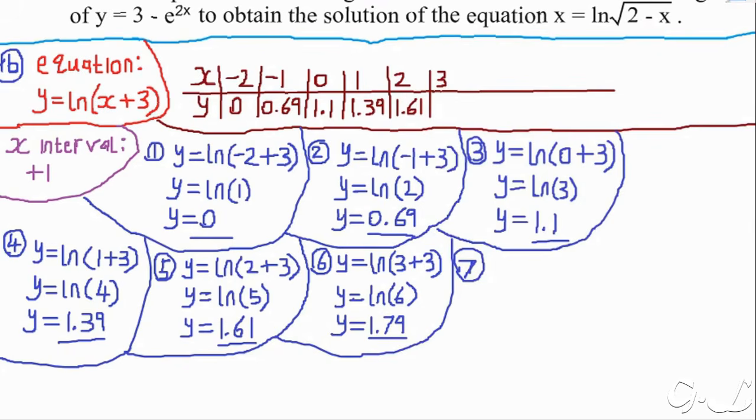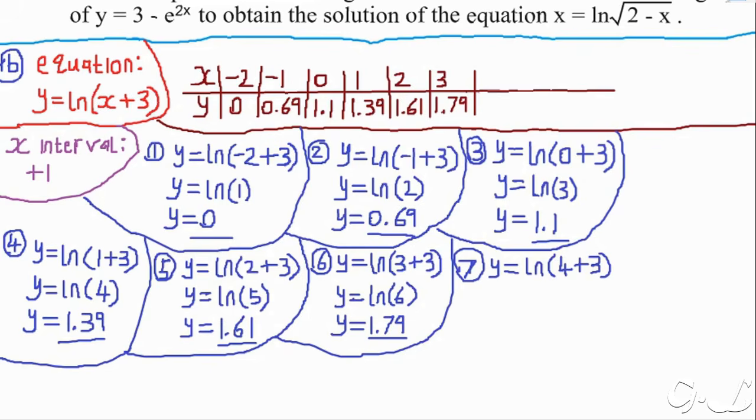Again, let's go to the seventh one. 3 plus 1 is 4, so that is the one we are going to replace. We have to mind that in the statement, we are given that the x value is less than or equal to 4.